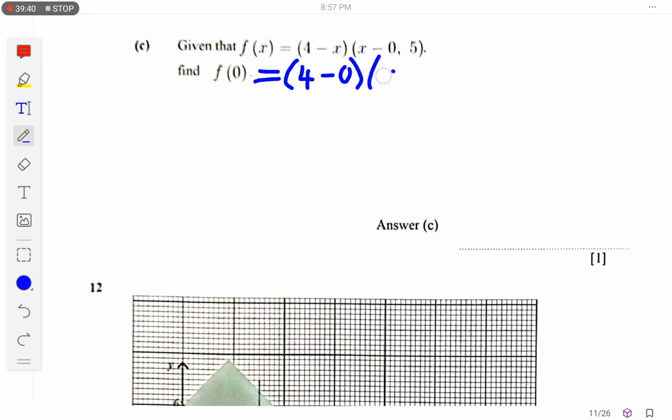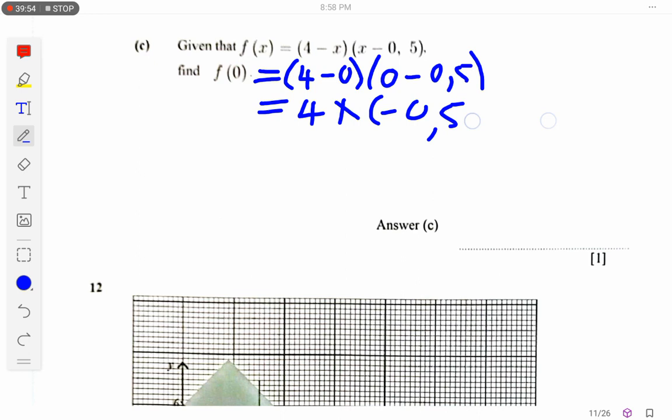Then we have got x again, 0 minus 0.5, like that. So this is 4 minus 0, that's a 4, times 0 minus 0.5, we get a minus 0.5 here. Okay, minus 0.5 is the same as minus half, so I can say this is 4 times minus 1 over 2, like that.